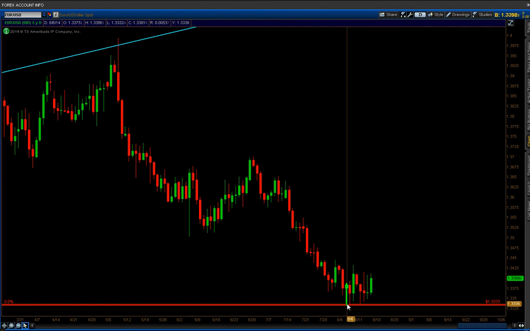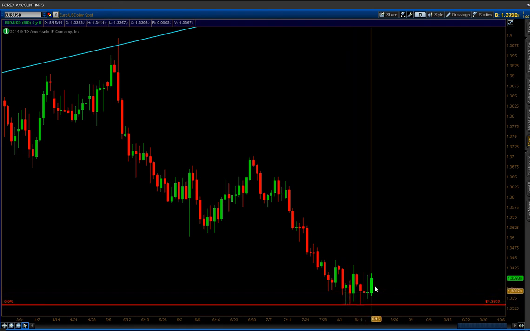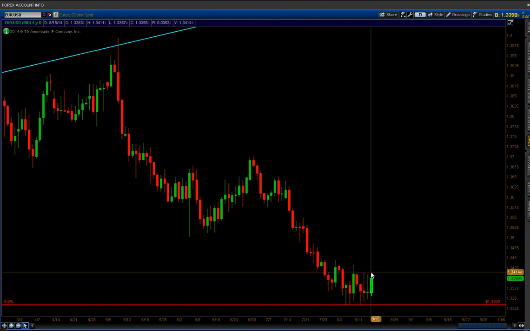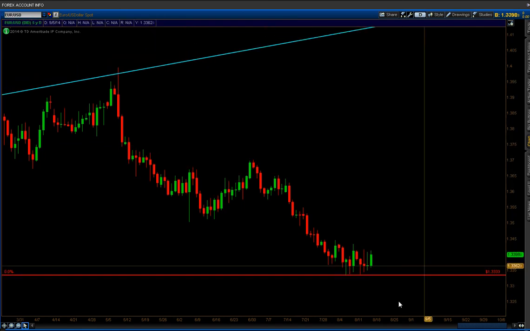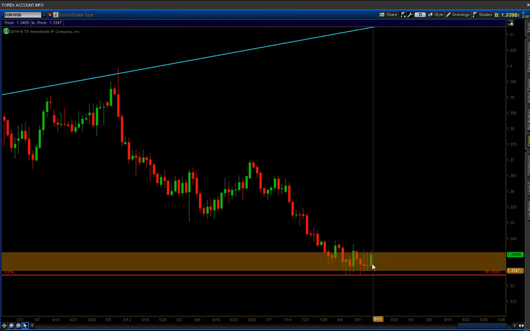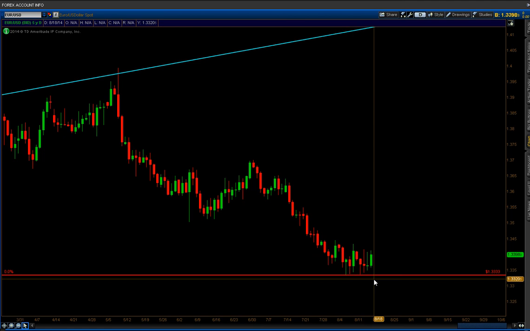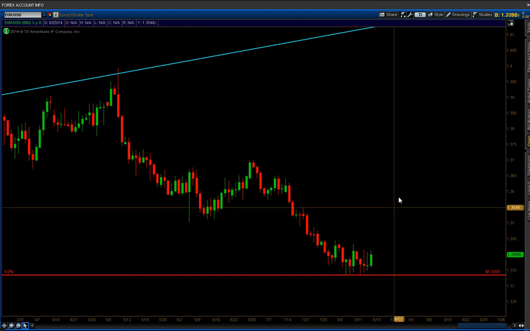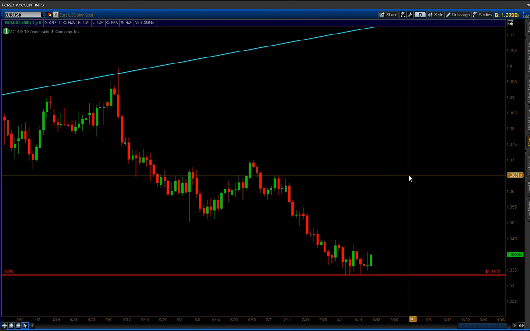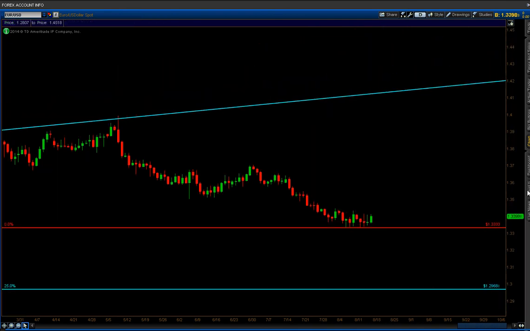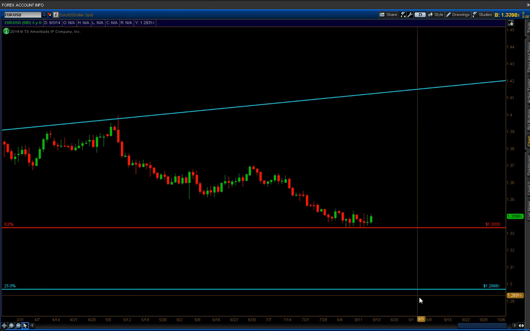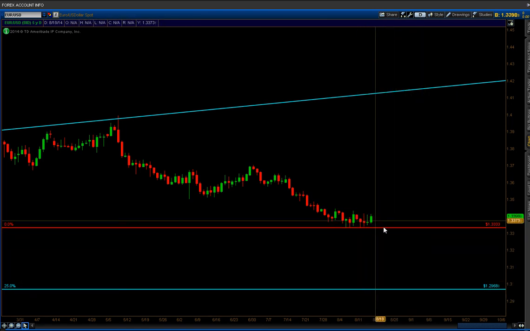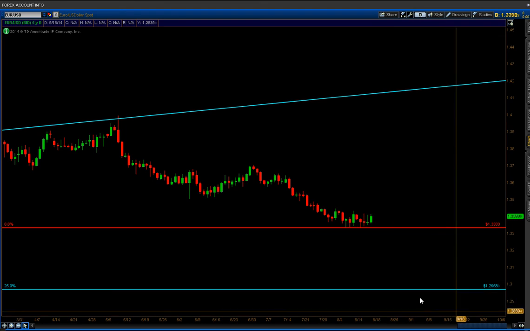If this low fails, two things are going to happen. We're either going to go down next week, create a bear trap, and then really squeeze them out. Or we're going to go lower and continue going down to the next time cycle.